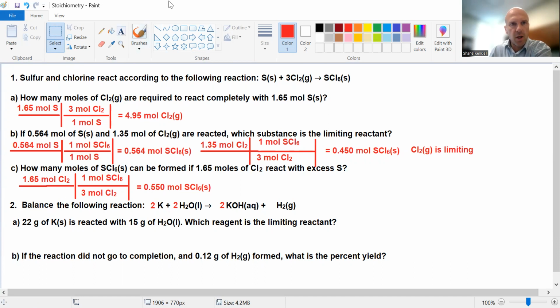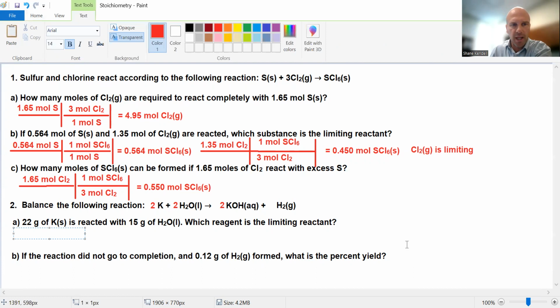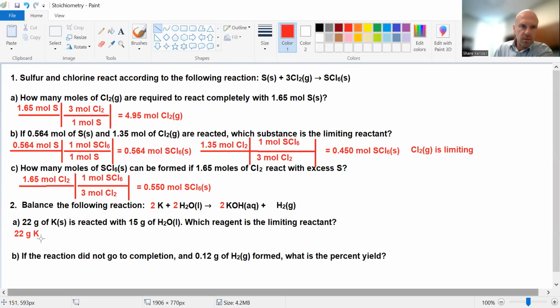So like all these conversion problems, we start with what we have in the question, which is 22 grams potassium. Okay. Then we have our first thing here.